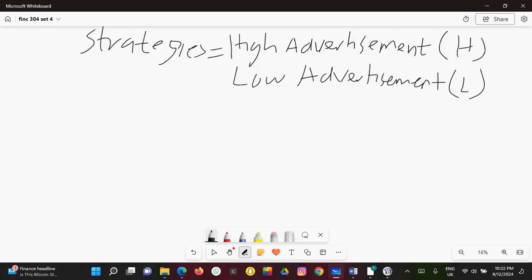So now the payoffs. In the question, these are the strategies that they were playing, so their payoffs will come.